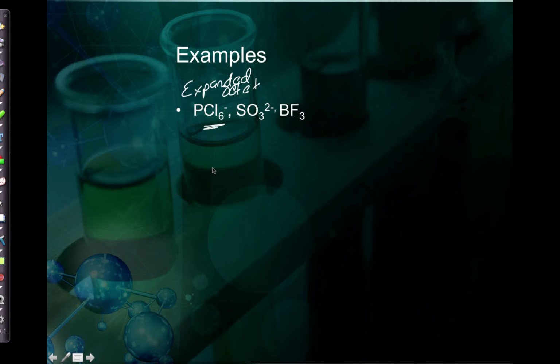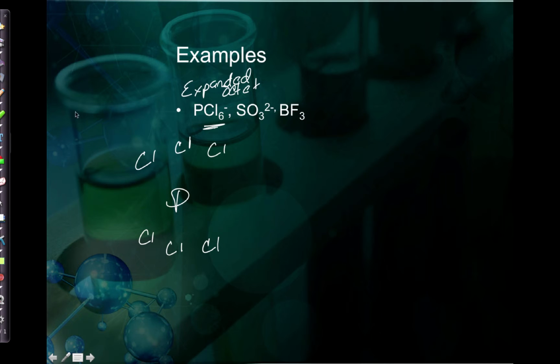That can happen with atoms in the 3rd energy level or below, because then they can open up the d sublevel. So P will go in the center, and chlorine will go around it, and you're going to bond all the chlorines to phosphorus because it's going to be an expanded octet.